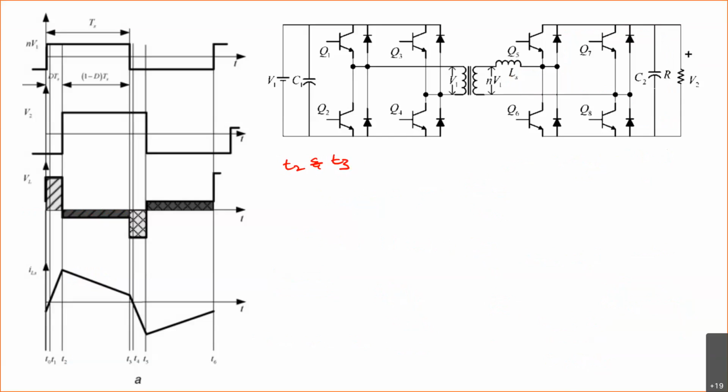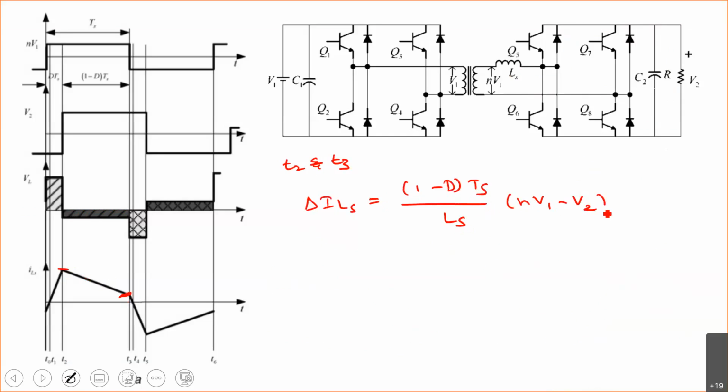During this period, the rate of change, that is delta ILS, the inductor current, its period is 1 minus D. Correct me if I'm wrong: 1 minus D into TS over LS into NV1 minus V2.